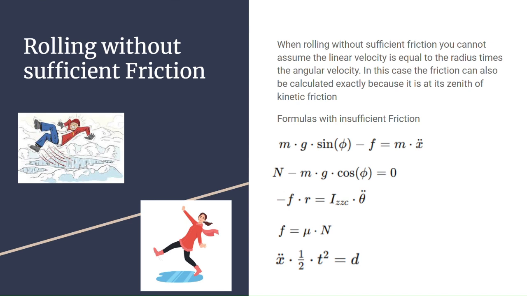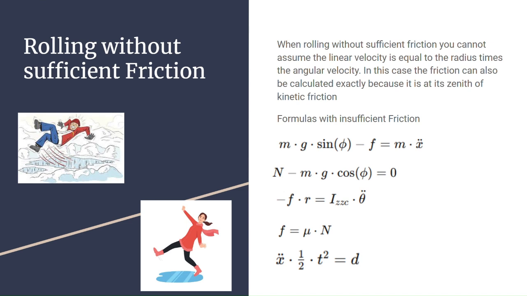All we know is that it's within the range of providing enough. However, when it is slipping, we know that it's at the zenith of its capability, meaning we can calculate the mu, because whatever friction is putting out is definitely the max coefficient. So we can use that as one of our equations here. That's the biggest thing with rolling without sufficient friction.